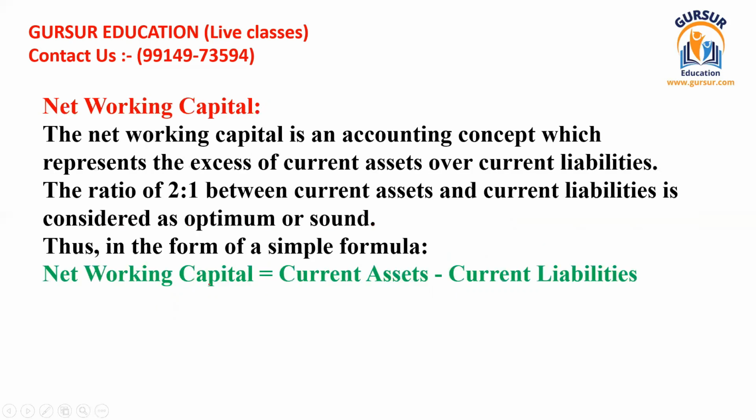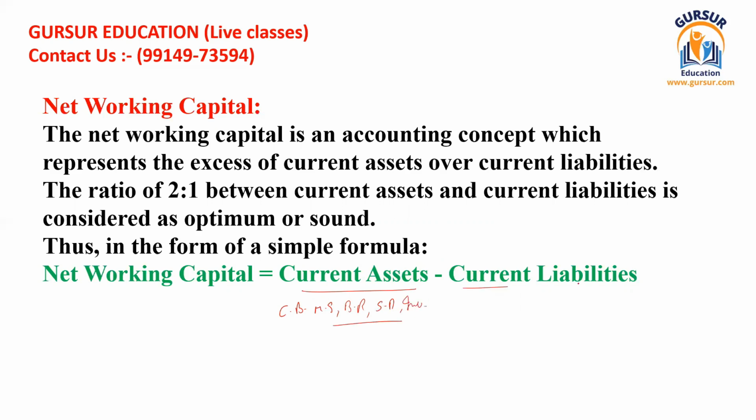And the second concept is the concept of net working capital. So what does that mean? When you subtract the value of current liabilities from your current assets, that comes out to be net working capital. For current assets, you have got the idea regarding cash, bank, marketable securities, bills receivable, then your sundry debtors and short-term inventory and these kinds of things.